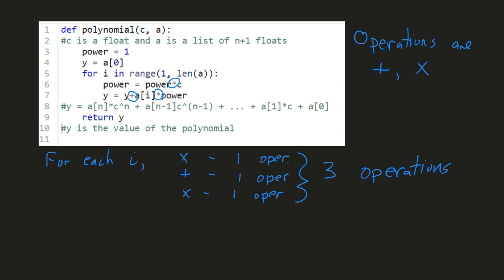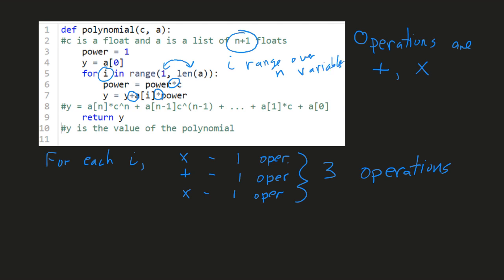Well, i is going to run through 1 to the length of a. Now, we said that a is a list of n plus 1 floats. So if I go from 1 to the length of a, i is going to range over n values.